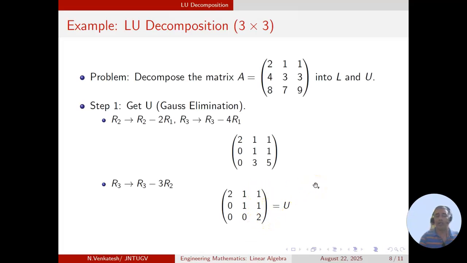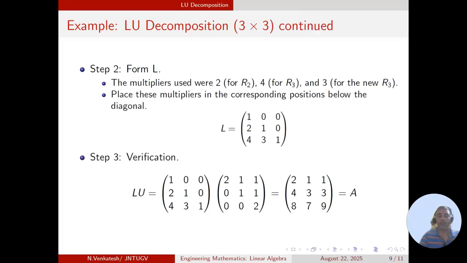Now what is the lower triangular matrix? We have to see what multipliers we had used: 2, 4, 3. To transform the second row, we had used the multiplier 2. So the second row first element will be 2, the third row first element will be 4, and the third row second element will be 3. That I am talking about is the lower triangular matrix. So the lower triangular elements are 2, 4, 3.